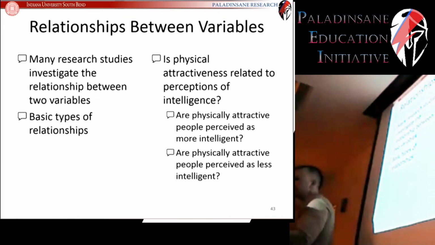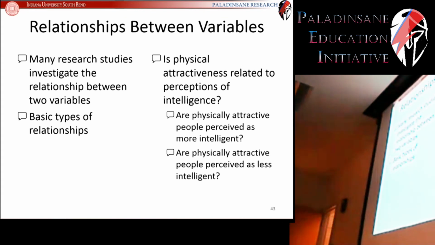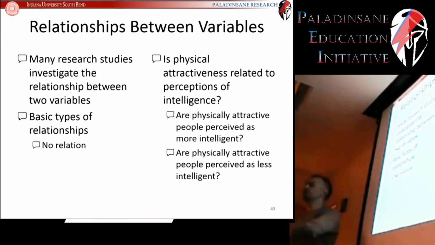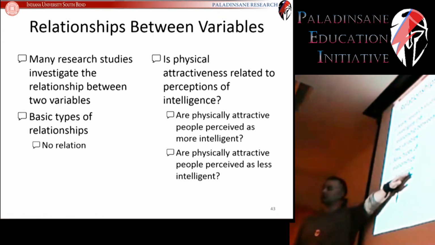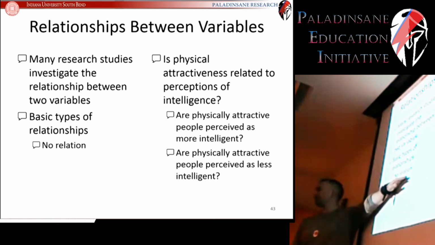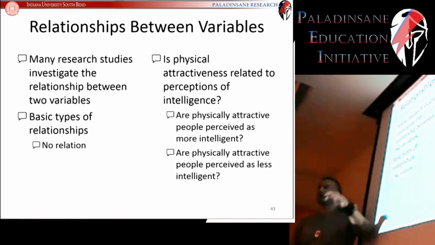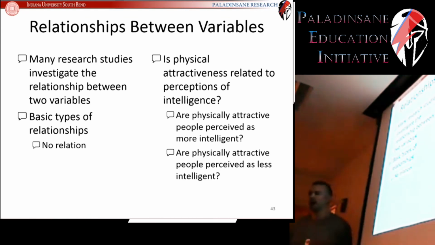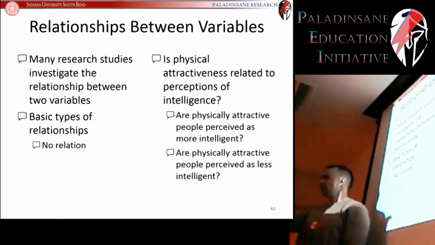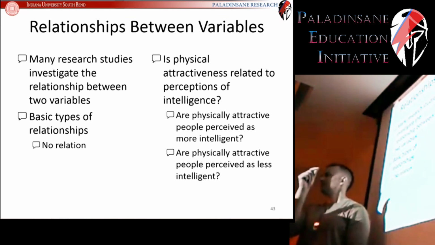So there are basic types of relationships. Typically, they'll fall in one of these four relations. The first one is no relation. This is one of the reasons why we need to use deductive reasoning. Most individual characteristics that human beings have have nothing to do with other individual characteristics that human beings have.